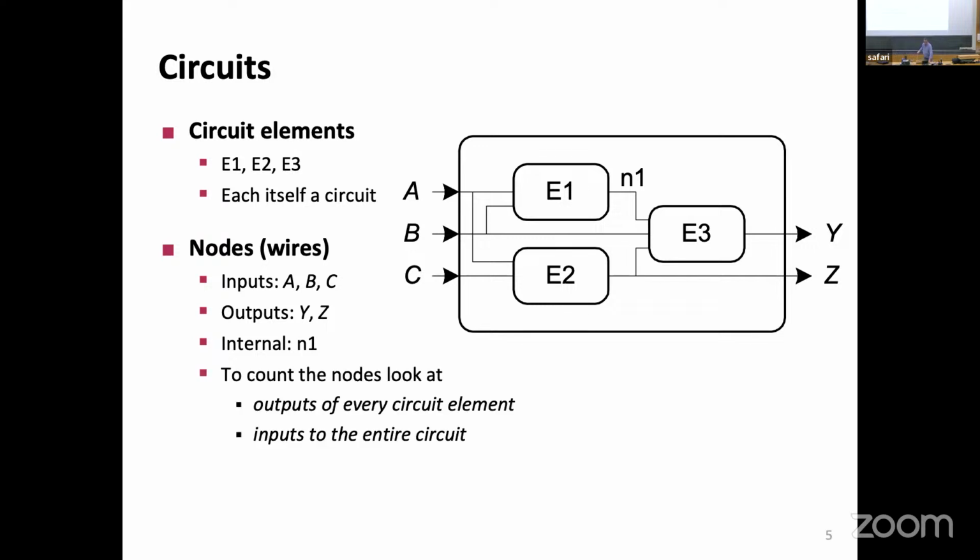Now, we can count the nodes, and we can look at the outputs of every circuit element and the inputs to the entire circuit. So we can say, I have 3 inputs, and I'm looking at the outputs. Well, this output goes directly to the output of the circuit, and this output goes directly out. And E1 is connected internally, so I have an additional node here, N1.